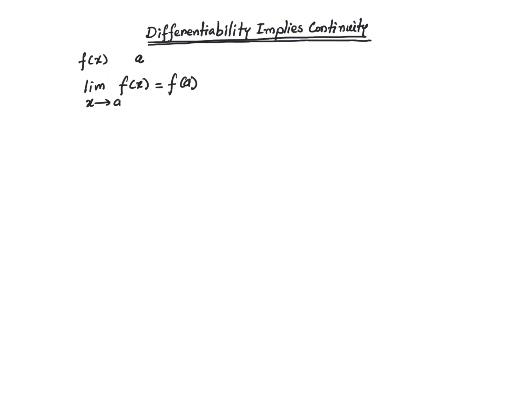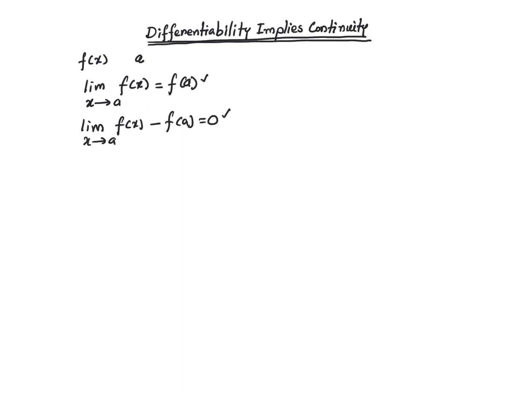Let's say if I were to rewrite it, this means the limit as x approaches a of f of x minus f of a is equal to 0. Showing that f is continuous is equivalent to showing that this is equal to 0. That means the limit of f of x as x approaches a minus f of a is equal to 0, which by the way is the same thing.